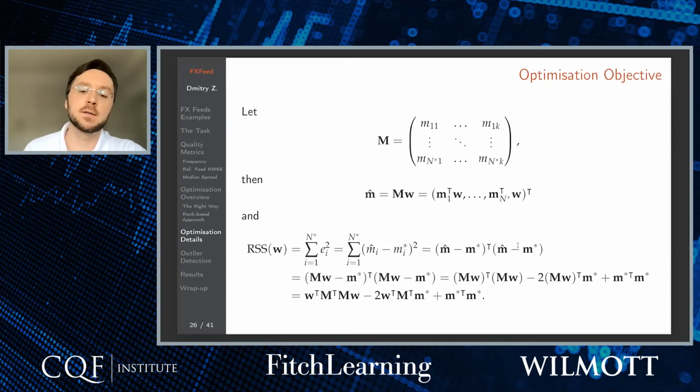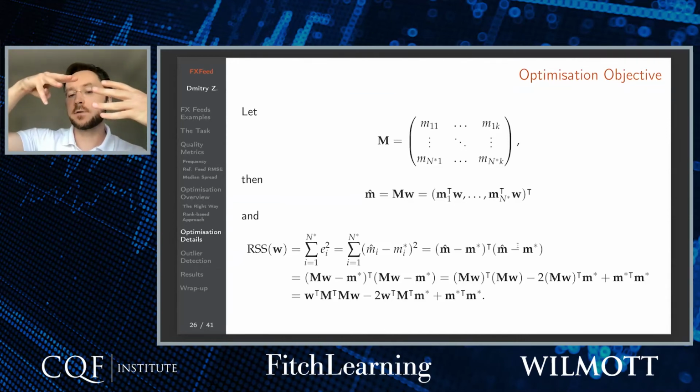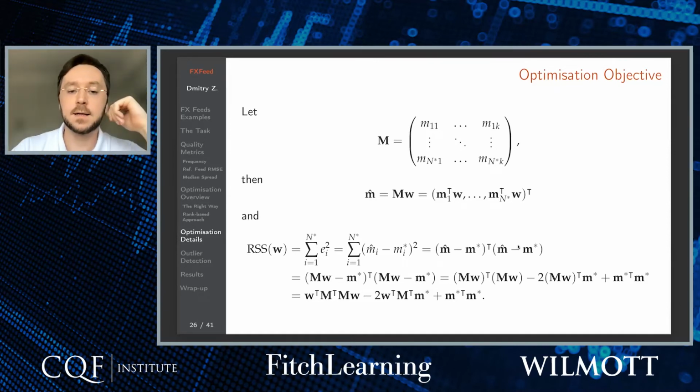First of all, we say that we have the data matrix M, such that it's a matrix of mid prices. And so for rows, you have time steps, and for columns, you have different source feed values. Then our estimate for all time steps is simply the matrix product of the data matrix with the weight vector.